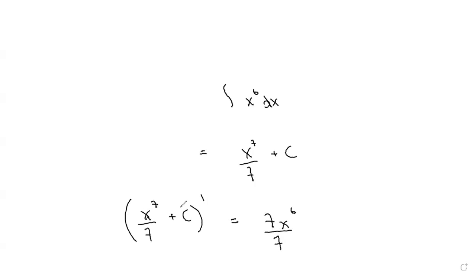The derivative of a constant is just 0, so we don't have to worry about that. Then this cancels, you get a car, wow, that's a dated reference. And then you get x to the 6 dx. So indeed, the formula does work, but again, you don't always have to take the time to check it like that. It's up to you.